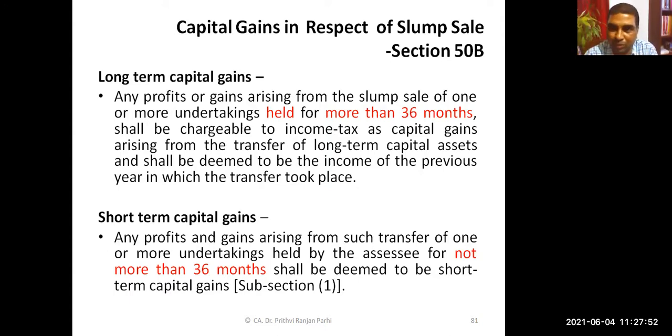There might be some assets which are more than 36 months old and some assets which are just purchased. But when there is a slump sale, you have to see if the undertaking which is transferred is held for more than 36 months, it is long-term capital gain. But if it is held up to 36 months, then it is short-term capital gain.